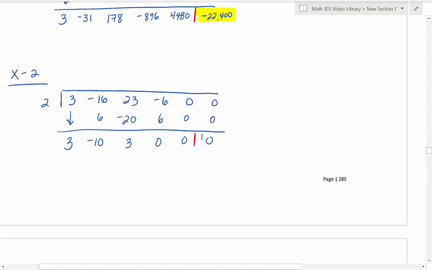This time we get a remainder of 0. Since we have a remainder of 0, that tells us that yes, x minus 2 is a factor, not only of that 5th degree factor, but our original polynomial.